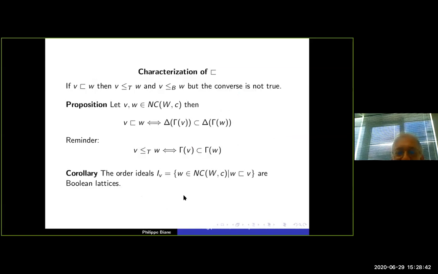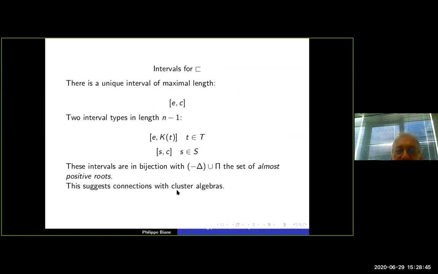Okay, in the 5 minutes left, I will just very quickly say that there are many connections between these objects and cluster algebras. I don't really have time to explain the details. Just one thing: we look at intervals for the two orders, the square order and the double order.